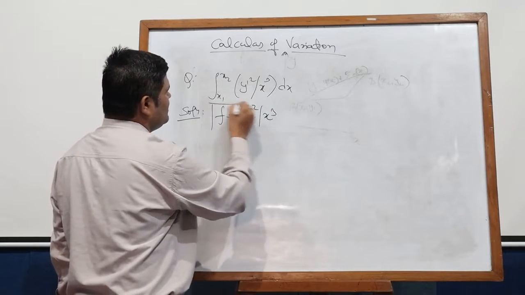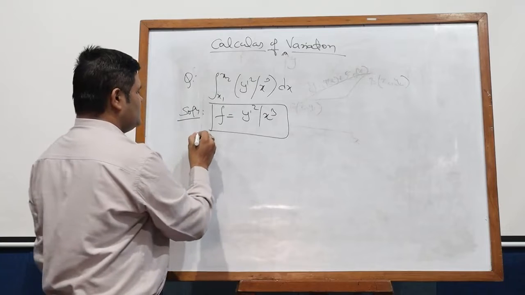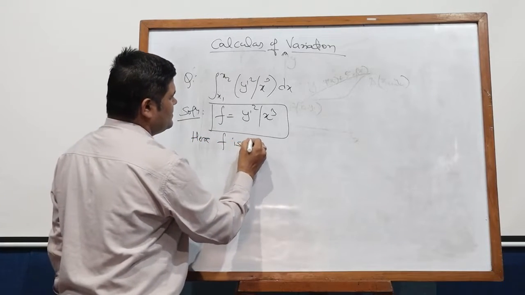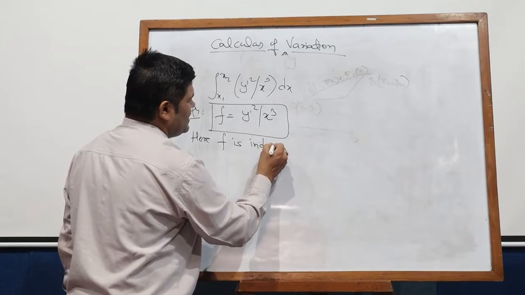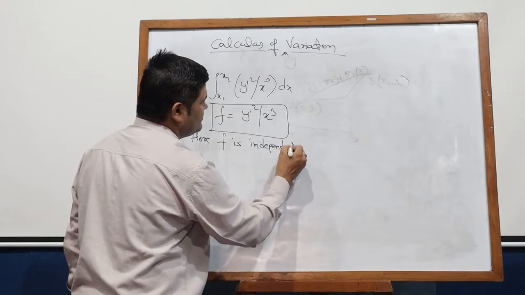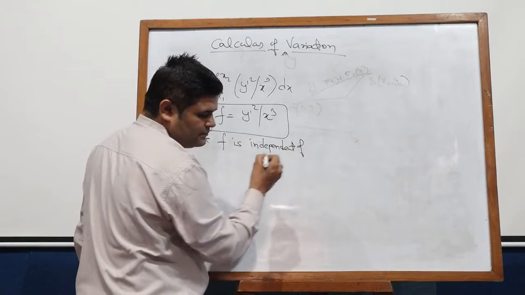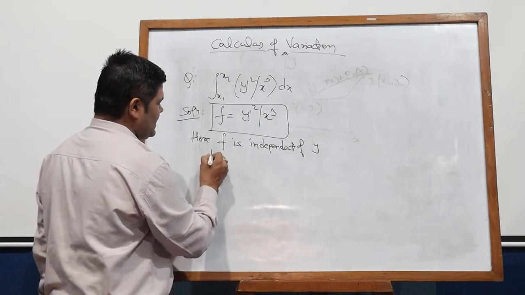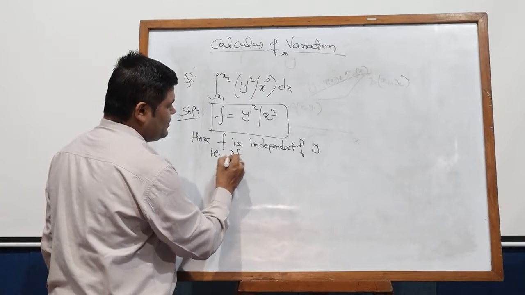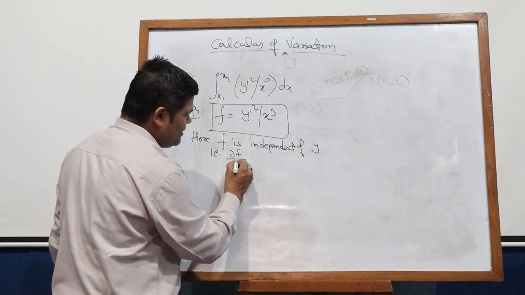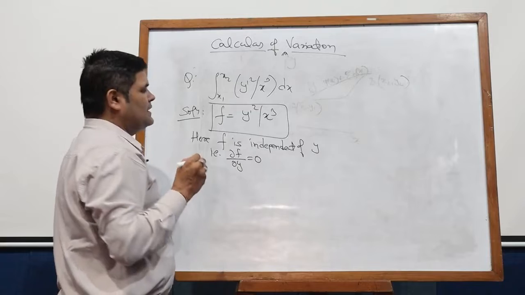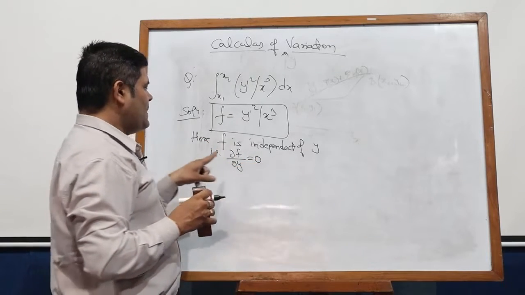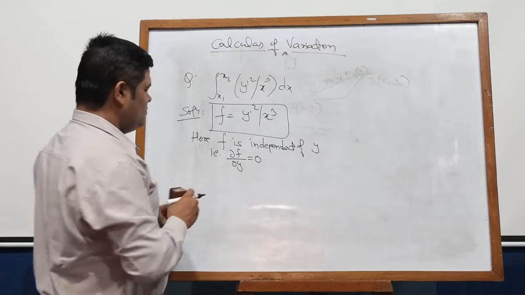This is a functional, and here f is independent of y. If it is independent of y, then del f upon del y is equal to 0.